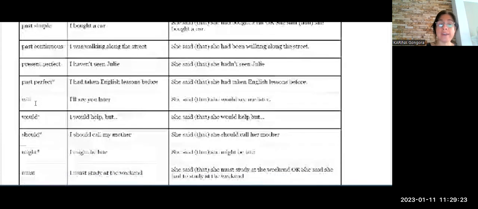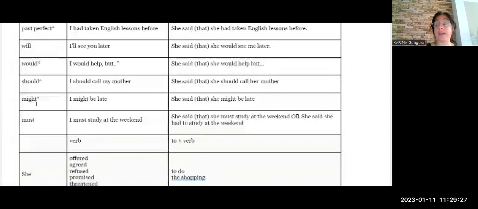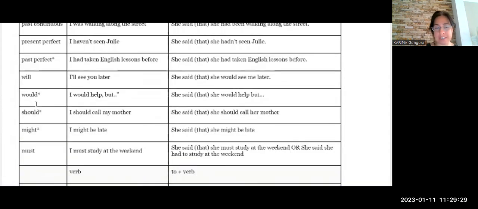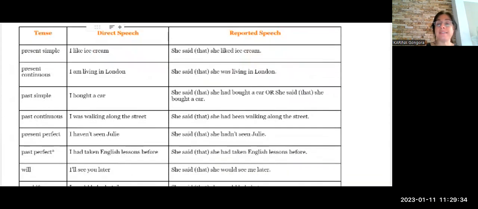So you always have to pay attention to the verbs, to the tenses. Look at this. When the sentence is in the present simple, what sentence? The sentence that someone or you said, right?